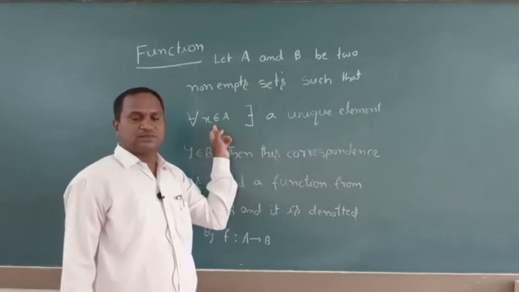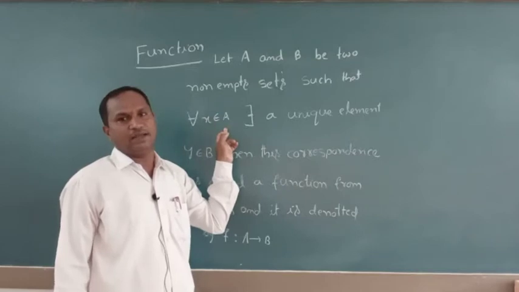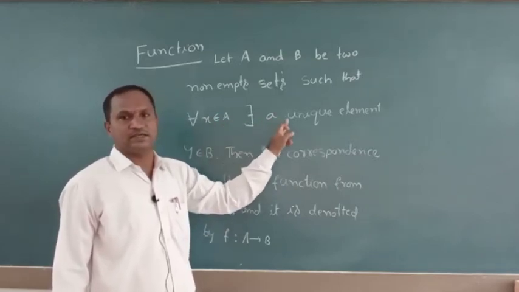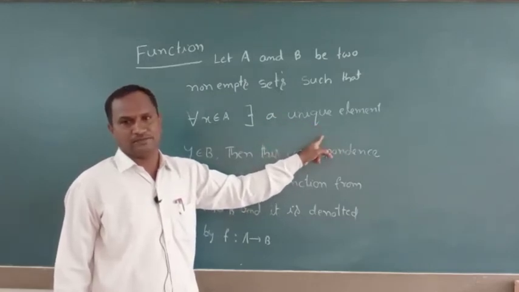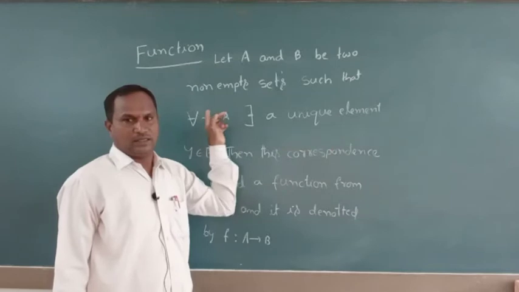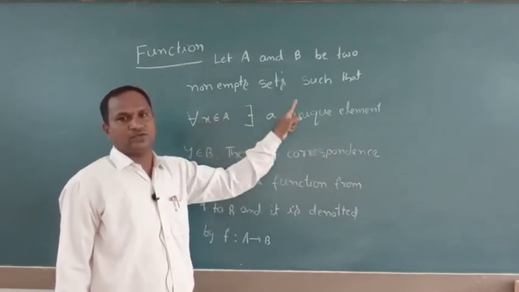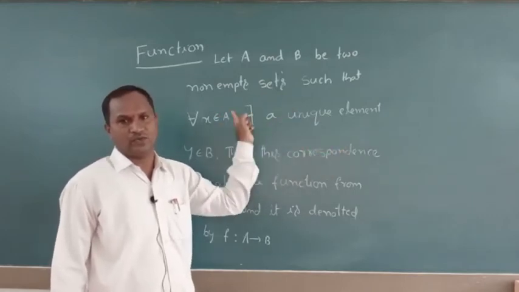Here, for all x belongs to capital A, each and every element in set A is associated to a unique element of set capital B. Every element of set A is associated to a single element of set B. Here 1 to A, 2 to B, like that.